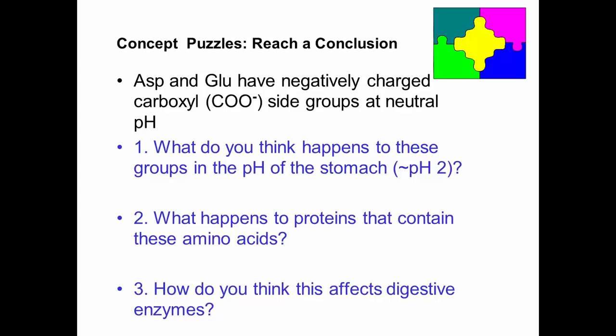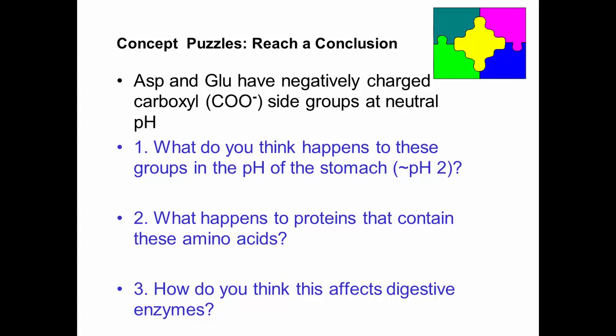When you drop the pH on an aspartate or glutamate, you're going to associate that proton. I told you the rule one way: when you rise above the pKa, you dissociate. Well, the opposite is true. When you get below the pKa, you associate that proton and then you lose the charge. This is the level I want you to be able to think it through.